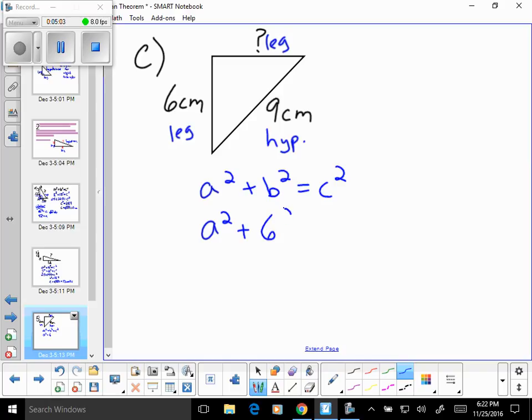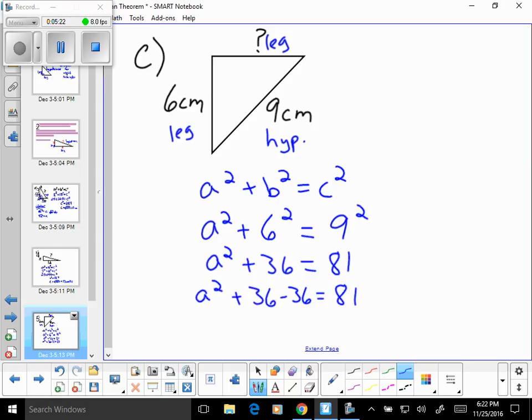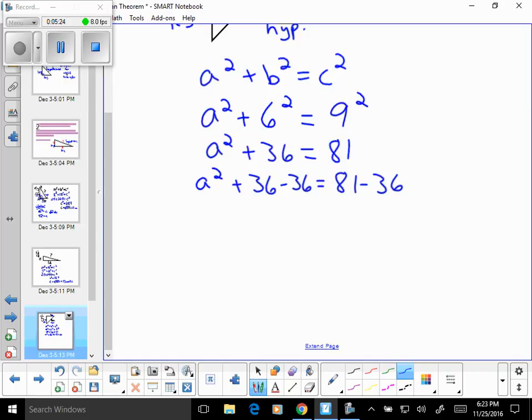So then I'm going to have 6 squared equals 9 squared. So a squared plus 36 equals 81. Well, you know very well from what we've been doing this year, you've got to solve this equation. So a squared plus 36 minus 36 equals 81 minus 36.